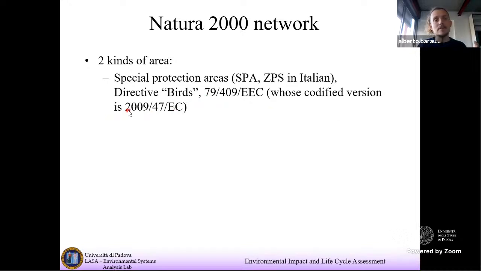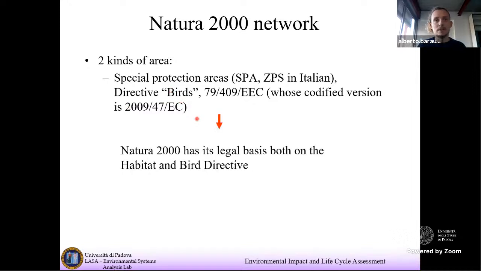These areas defined in the so-called Birds Directive are meant to protect wild birds, okay? So the Natura 2000 network has its legal basis both on the Habitats and the Birds Directive.